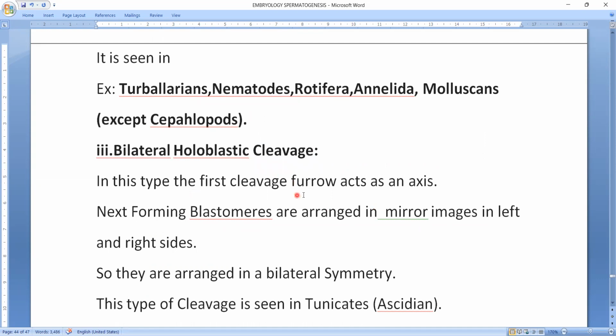In this type, the first cleavage furrow acts as an axis. The first division is like this. This is always the central axis. Newly forming cells are arranged to either side of the central axis.